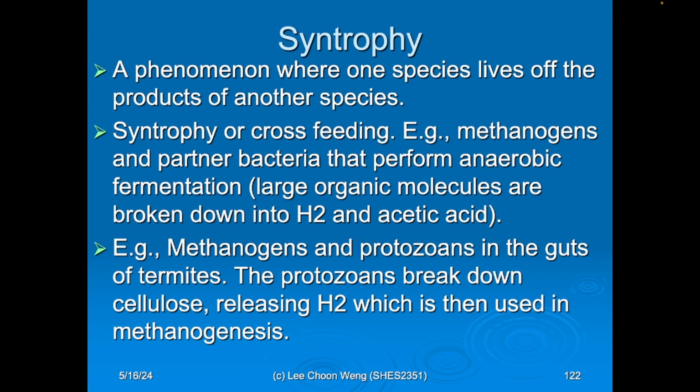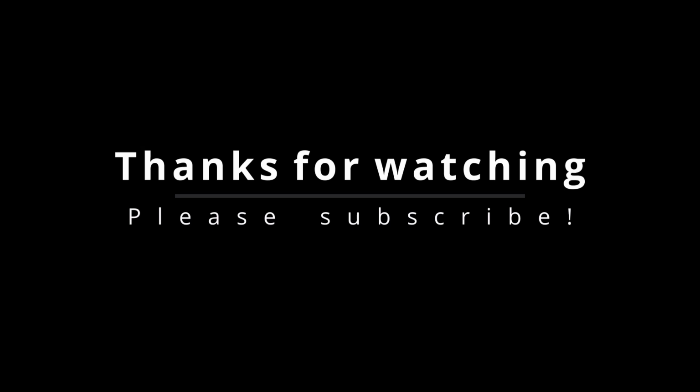Other than the rumen microbiome, the guts of termites are also good examples of where syntrophy can exist. In the guts of termites, we have methanogens and protozoans working together, where the protozoans break down cellulose, releasing hydrogen, which is then used in methanogenesis.